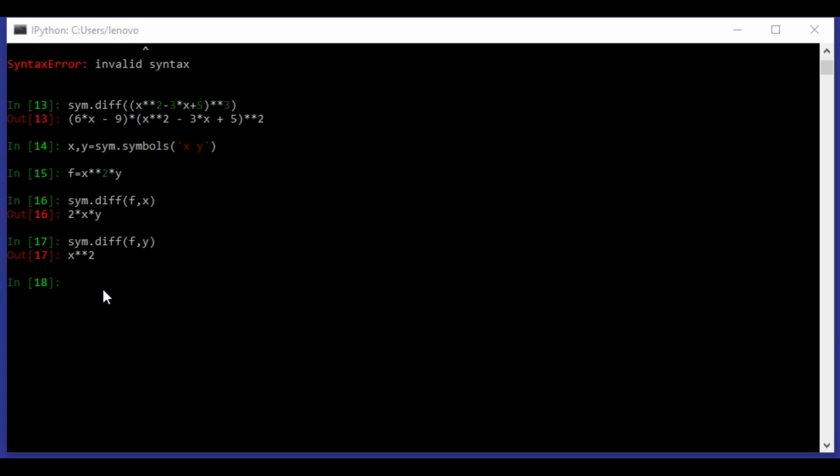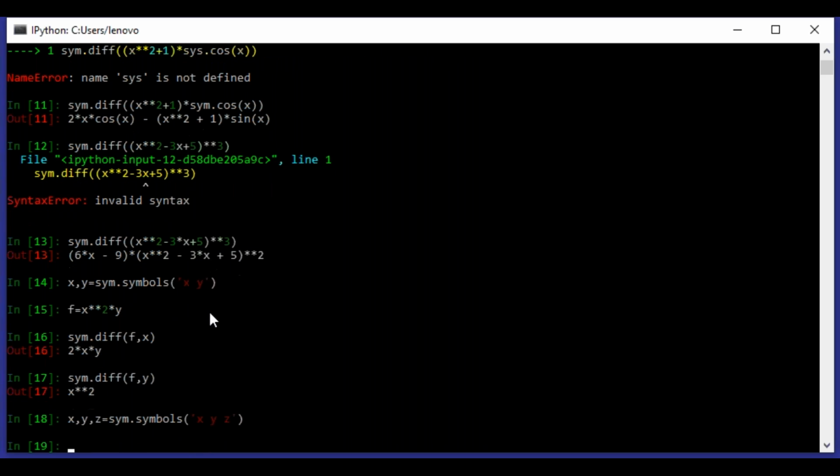We can check. Here we give x comma y comma z equal to sym.symbols, all small letters, then in brackets 'x y z' in single quotes, then close the bracket.